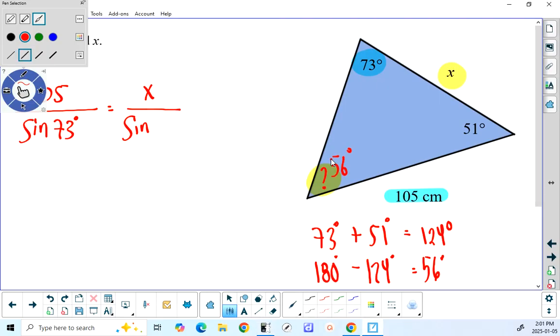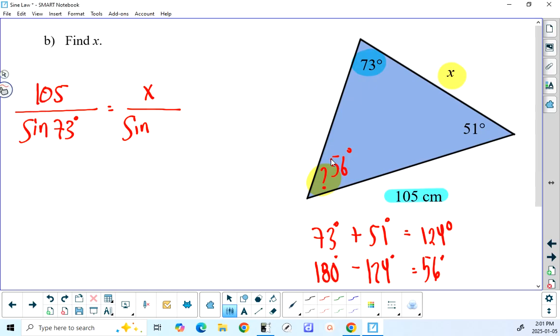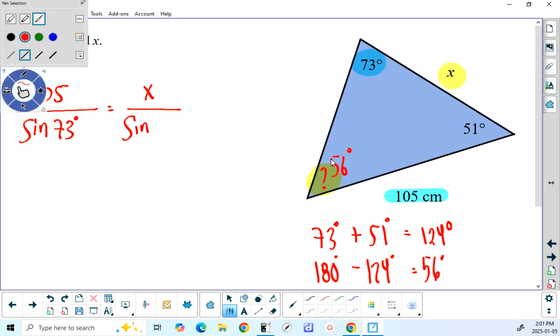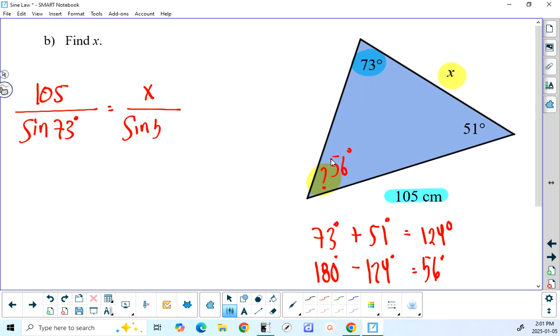So I can put 105 over sine of 73 degrees is equal to x over sine of 56 degrees, and then the rest of the problem is easy. Now you're just going to solve for x. Since x is on the top, cross multiplying is really easy. It's going to be 105 multiplied by sine of 56 divided by sine of 73, and we will be done.